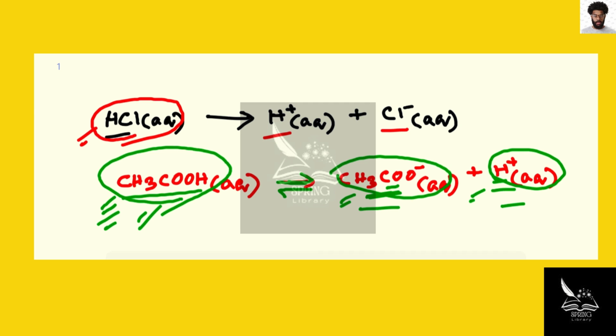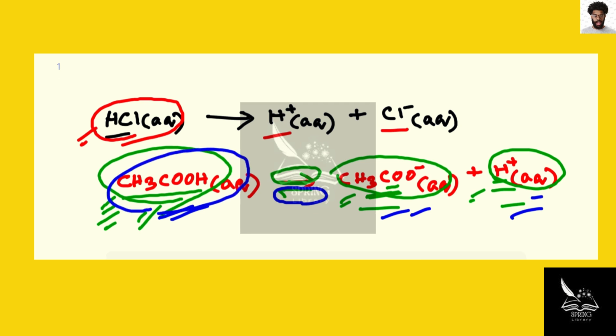In this type of reaction, at one point, the rate of the forward reaction will be equal to the rate of the backward reaction. That means at that time, the amount of acetic acid being dissociated into acetate ion and hydrogen ion will be equal to the recombination of acetate ion and H plus ion to form acetic acid.